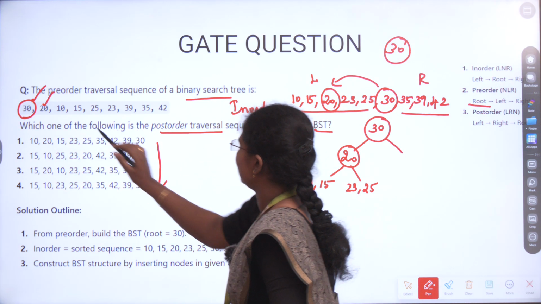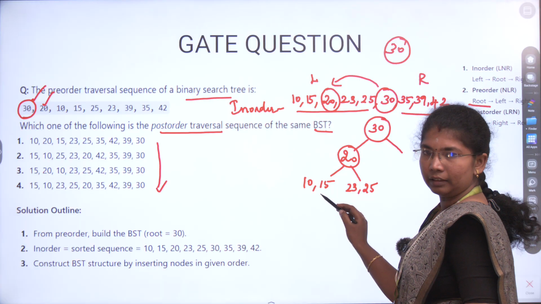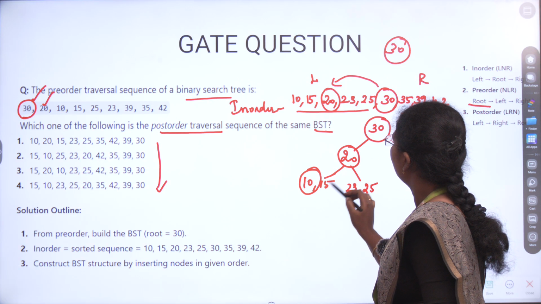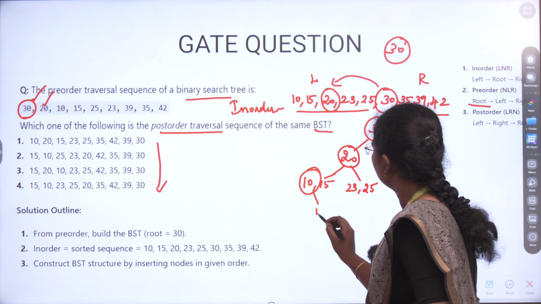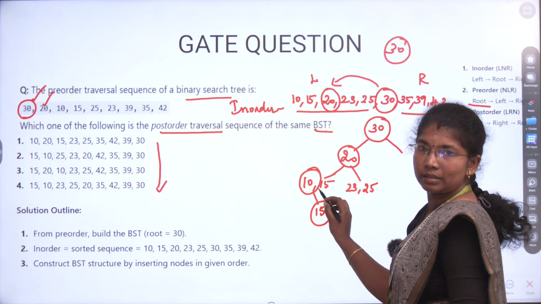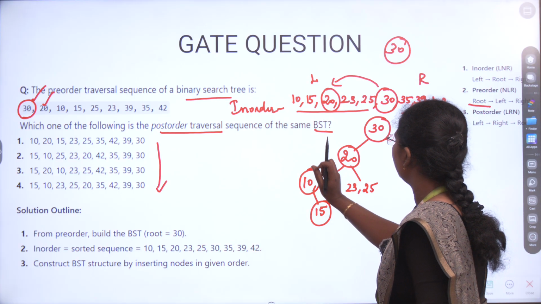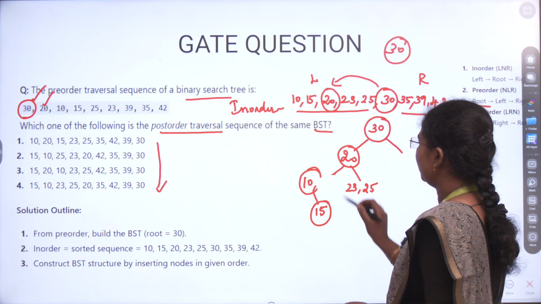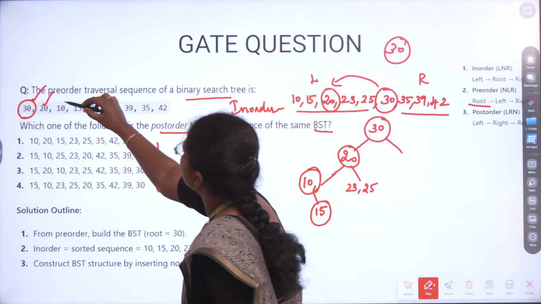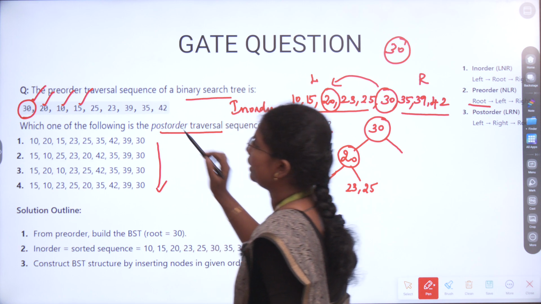Next we have to place 10. So here we are having 10. Now 10 will be your node and 15 will come to the right of it because 15 is greater compared to this root. Likewise this 10 is placed now and 15 is placed now.